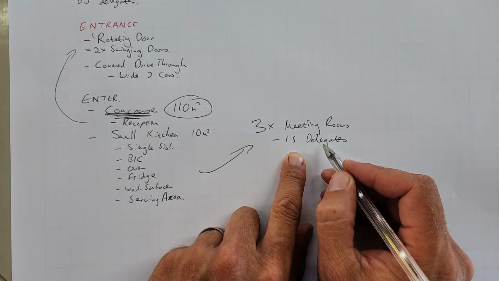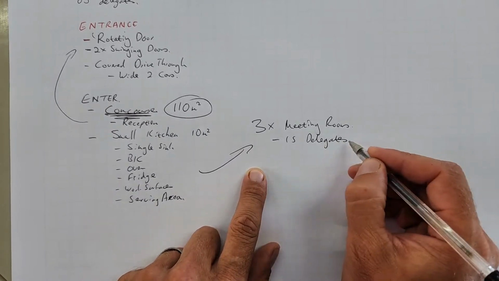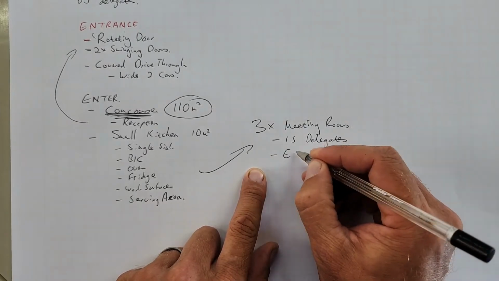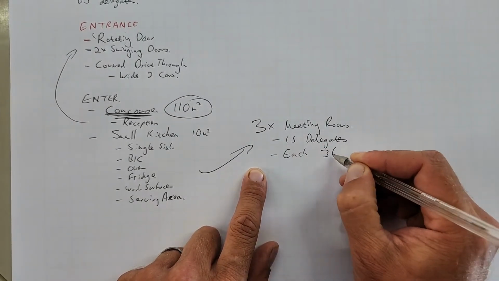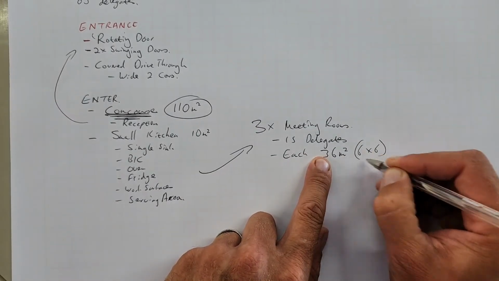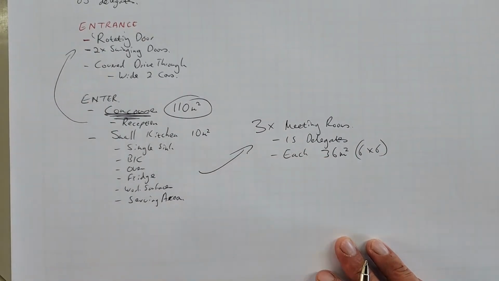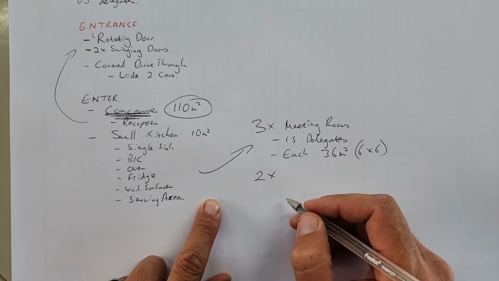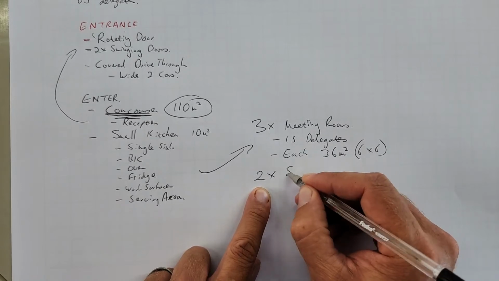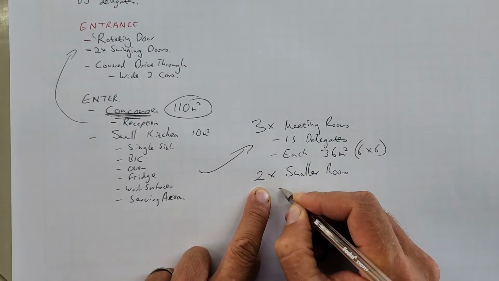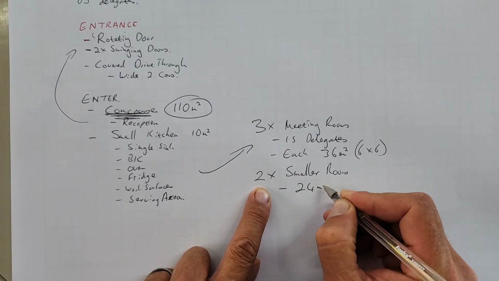The average size of each of these rooms is 36 square meters, so 6 by 6 if we just work on squares. As well as 2 similar but smaller rooms, at 24 square meters.